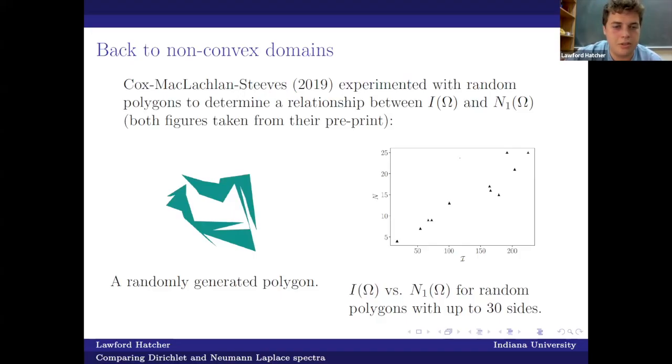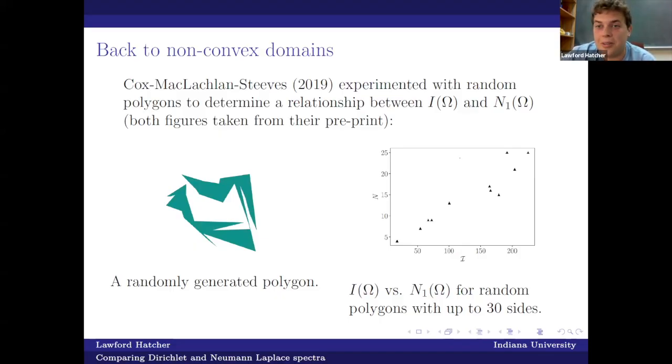To find evidence for their conjecture, they randomly generated polygons and computed both of these quantities for the polygons. On the left, you can see an example of a randomly generated polygon, taken from their preprint. And on the right, there's a plot where they did this for 11 or 12 different polygons with up to 30 sides. So you end up with polygons that are highly non-convex and with very large isoperimetric ratios.